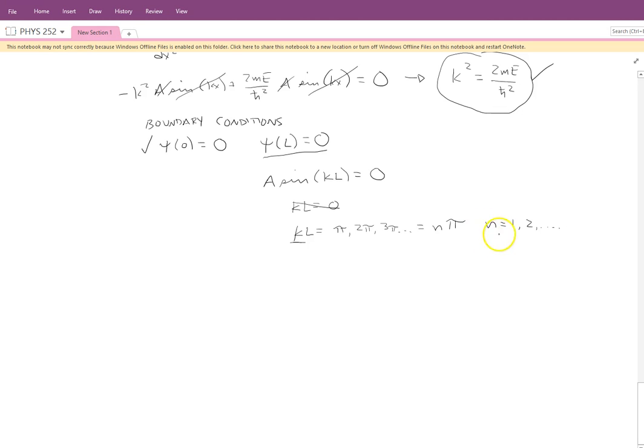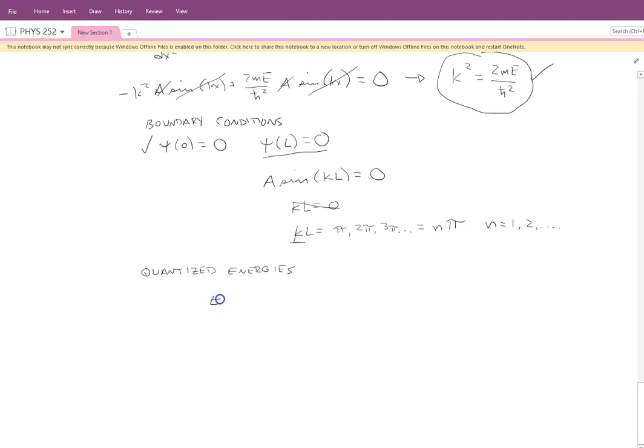The different states, the different values of n. So we are quantizing the energies. Look, we have just found out that the energies of this electron can only have certain values, quantized energies. Okay, let's solve for it.